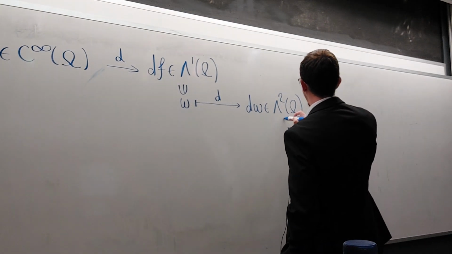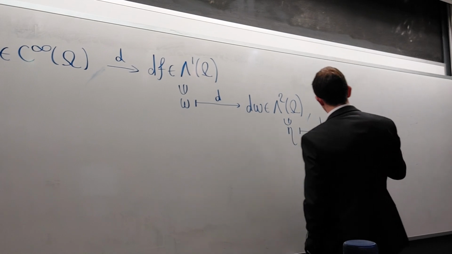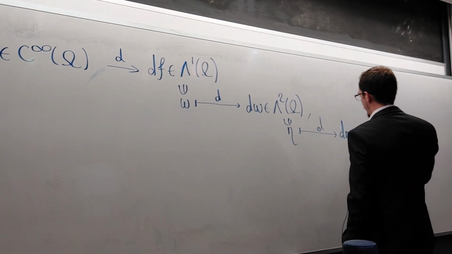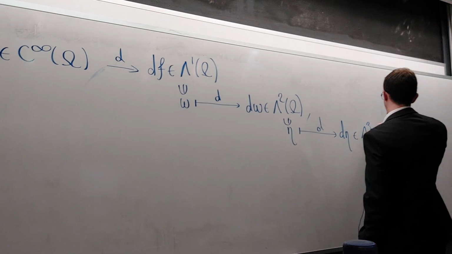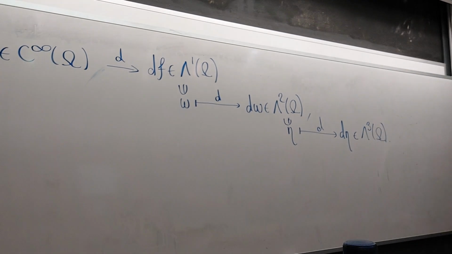So eta in here will be a 3 form. From this perspective, are you convinced that it's natural to refer to functions as 0 forms?